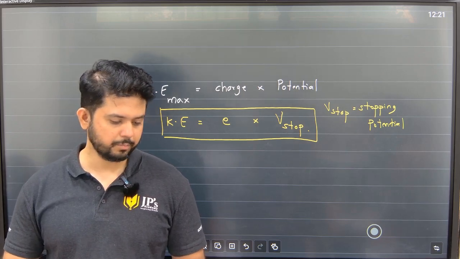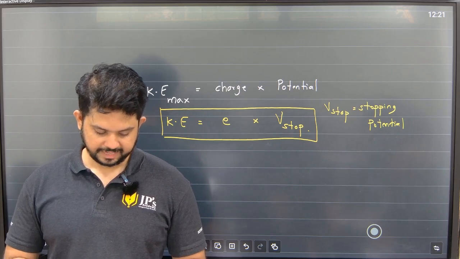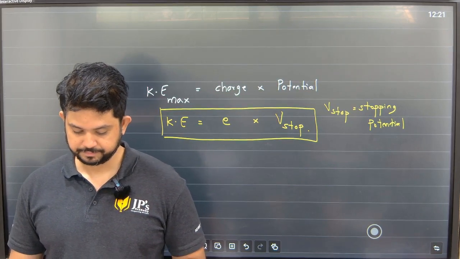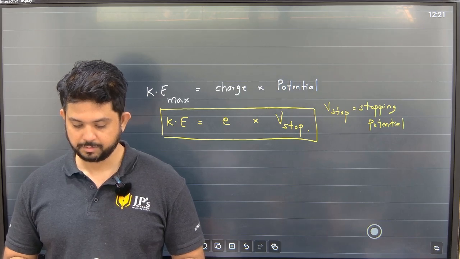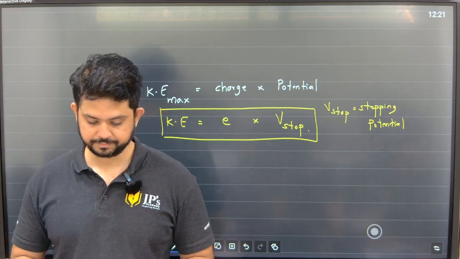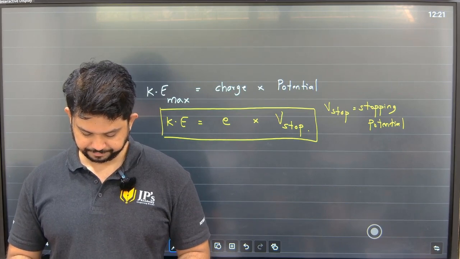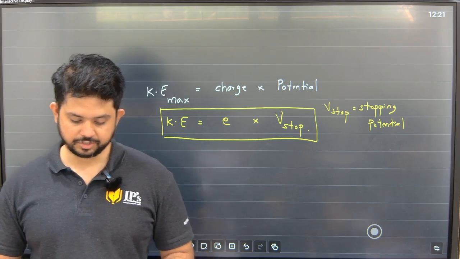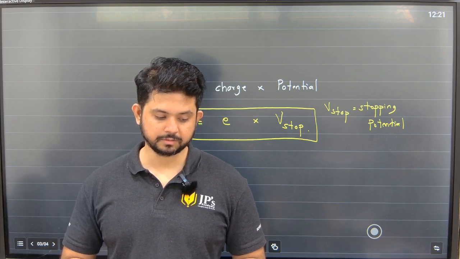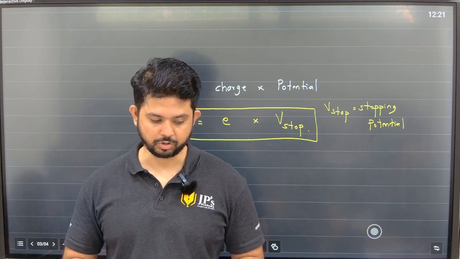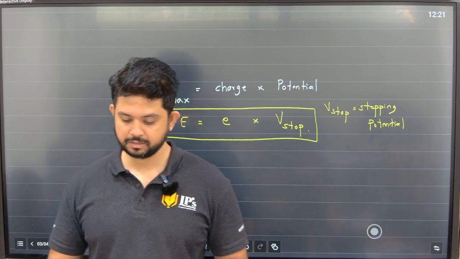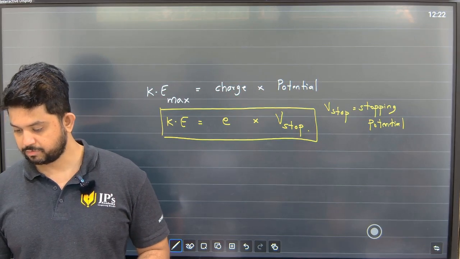It is the opposing potential difference, in brackets you can write the stopping potential difference, which can just stop the fastest moving electron in photoelectric effect.